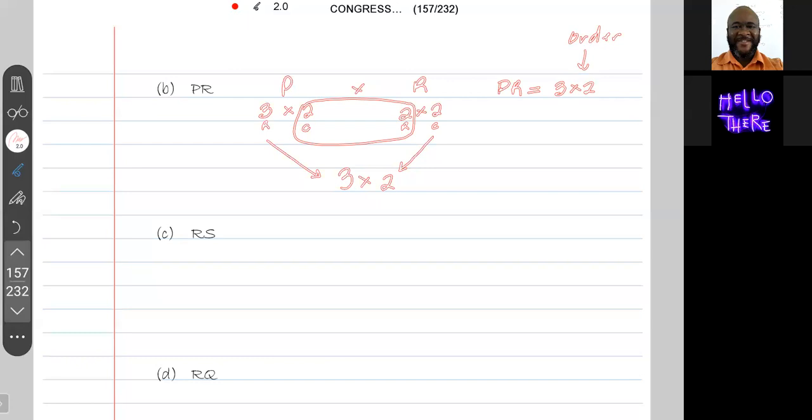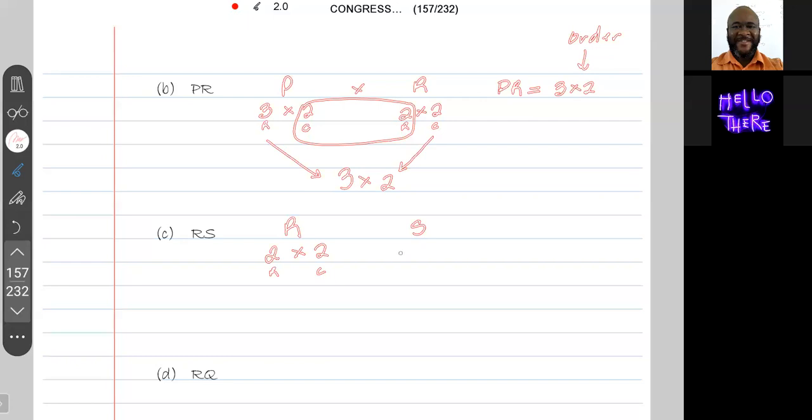We're asked to determine the order of the matrix product without doing the actual multiplication. Guys, see, so R is a 2 by 2 matrix, 2 rows and 2 columns.